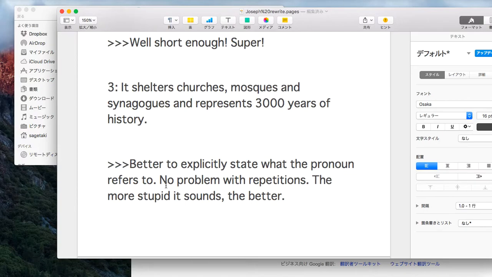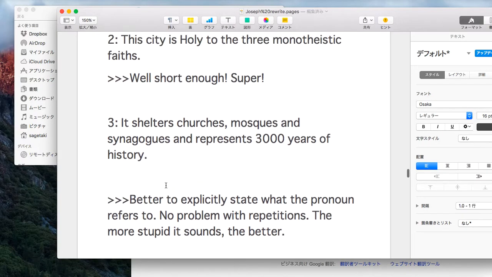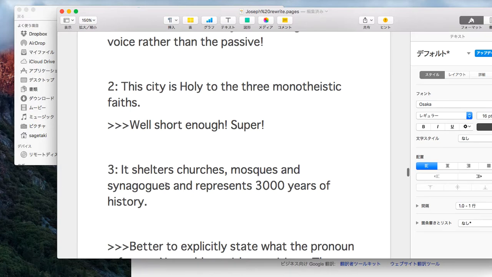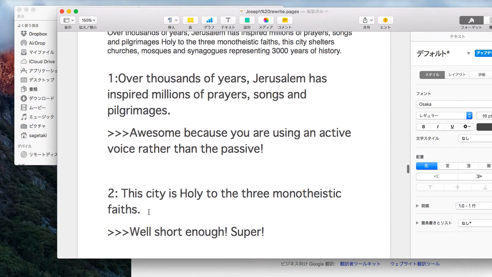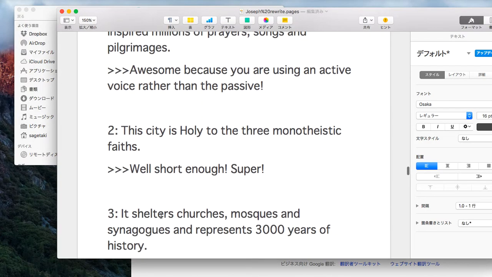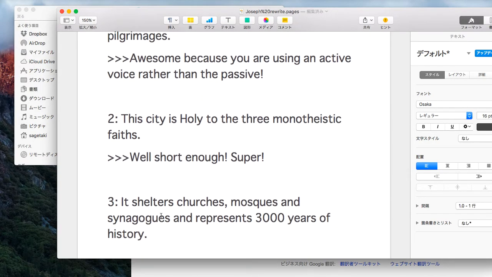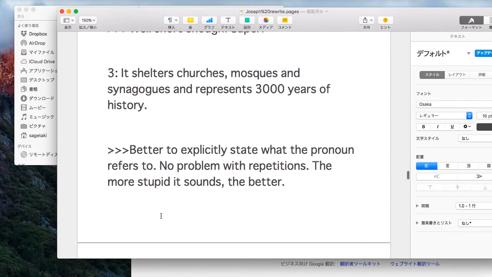And so the question is, okay, previously we have this city of Jerusalem shelters, we have the word Jerusalem here, and this city here. So is it okay to use the word Jerusalem, this city, shelters, churches, mosques, and so what about the repetition?